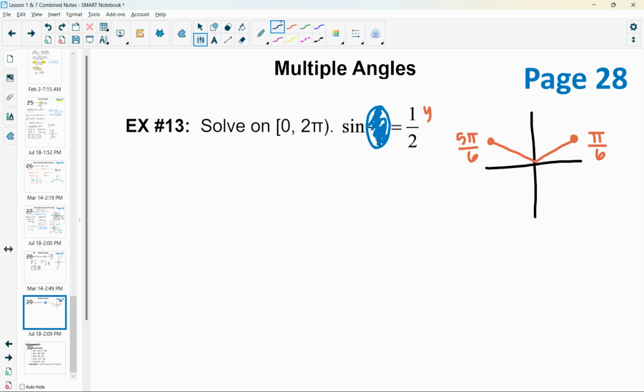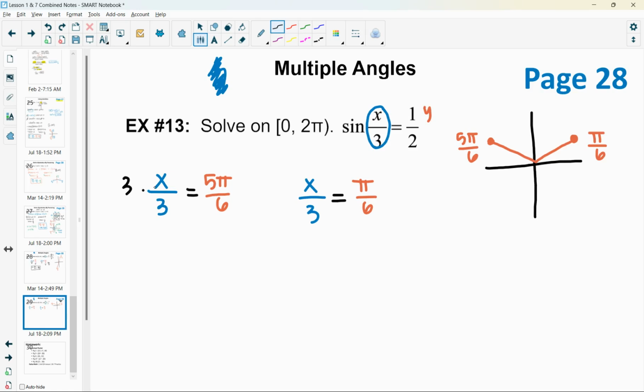So then instead of x equals, we have x over 3 equals each of those. So now we have x over 3, and I'm just going to write it twice right now, equals each of these angles that we just came up with. So equals 5 pi over 6 and pi over 6.